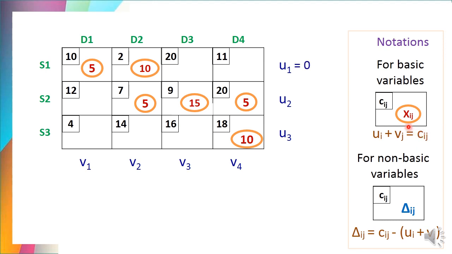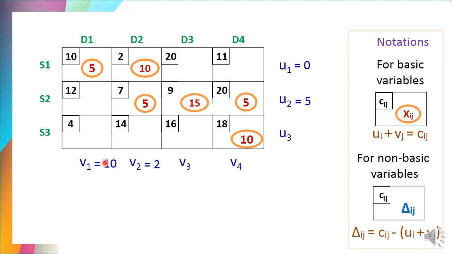Starting with u1, let us assign u1 equal to 0. By assigning u1 equal to 0, we get v1 equal to 10, since 10 plus 0 is equal to 10. Similarly, v2 is equal to 2, since 2 plus 0 is equal to 2.